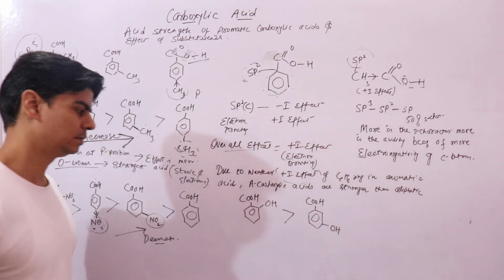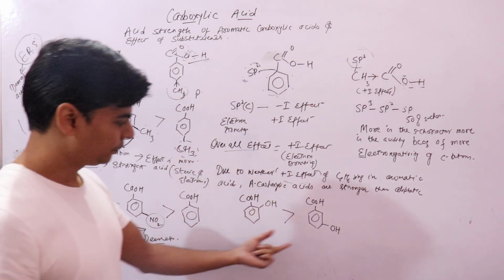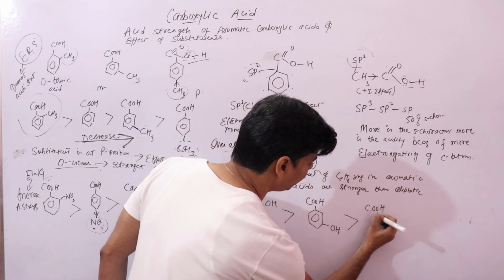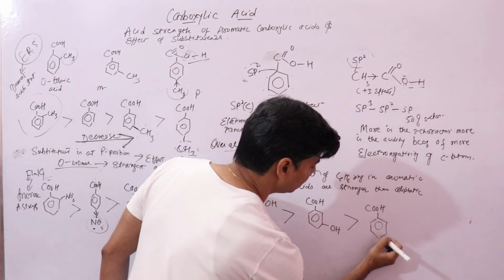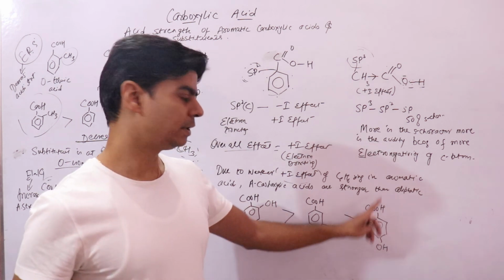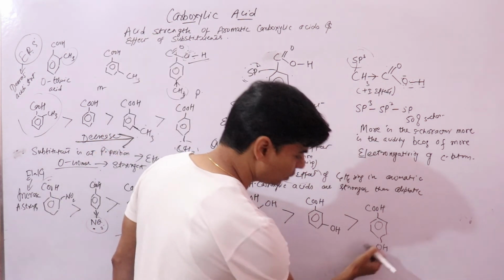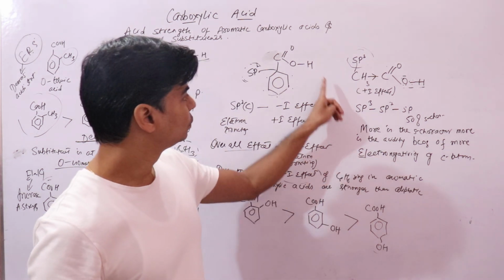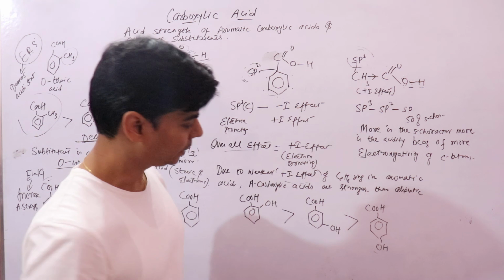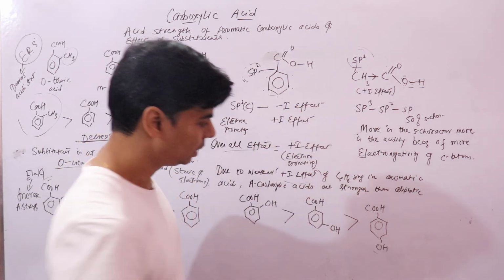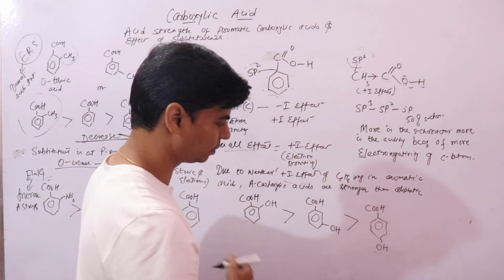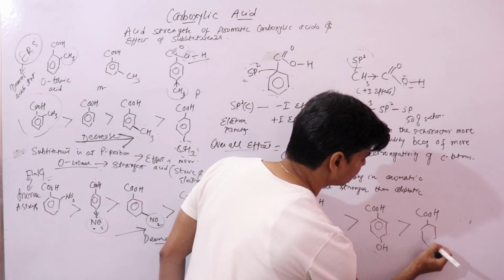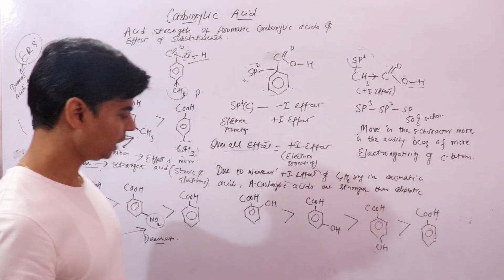Here the electron releasing effect is less, right? So this would be stronger compared to the para isomer, because at para position this OH group has more effect. When it is present at para position, it will release electrons more strongly, so it will make this bond a stronger bond, right? And release of hydrogen ion will become difficult. So this would be weaker compared to the meta isomer and benzoic acid, right? I hope this is clear.